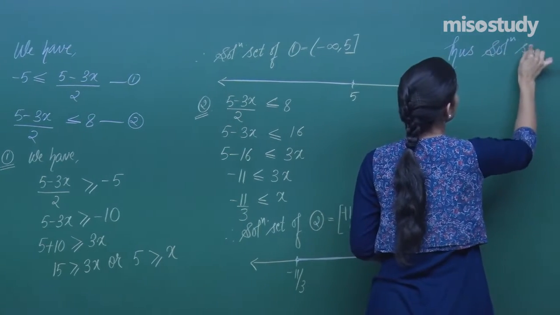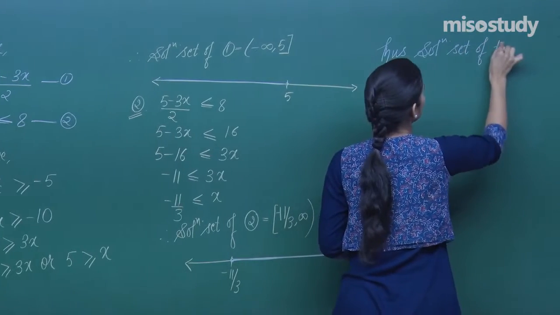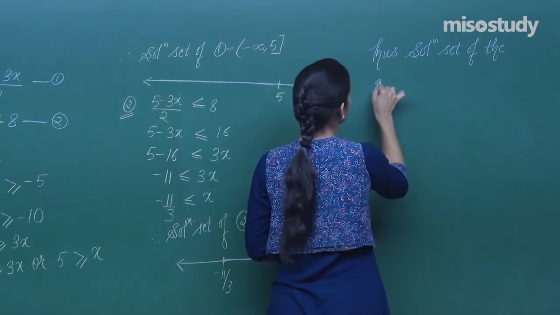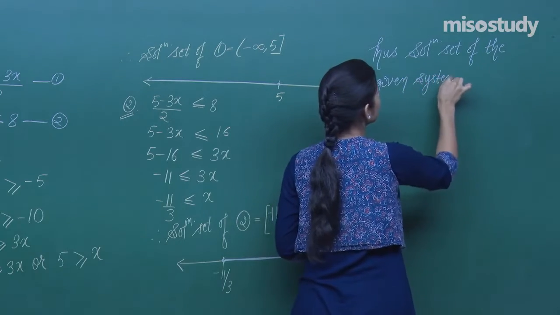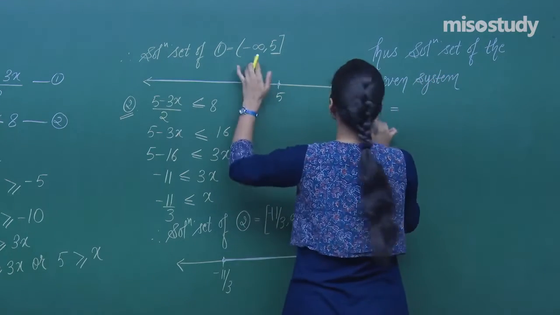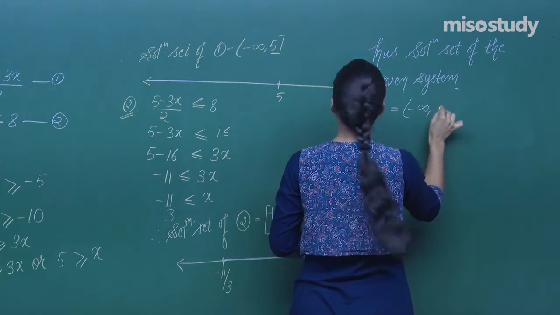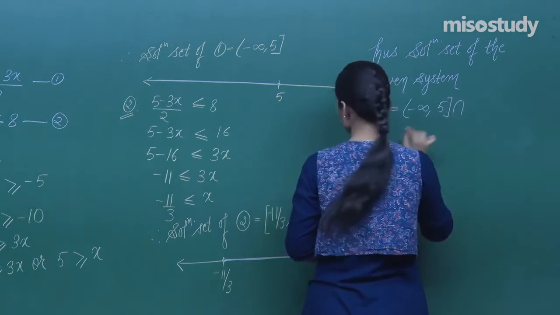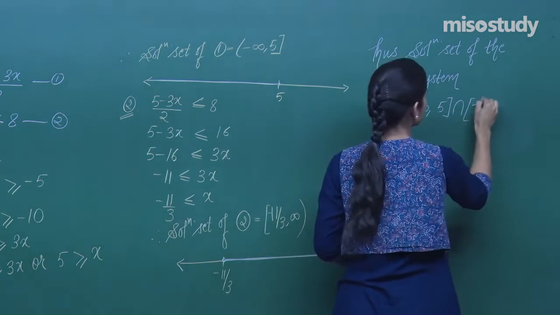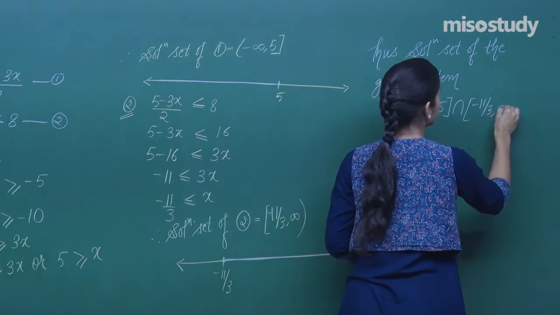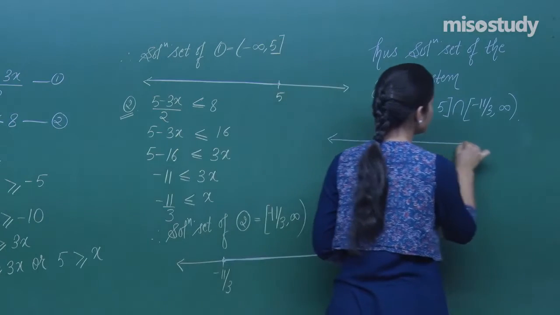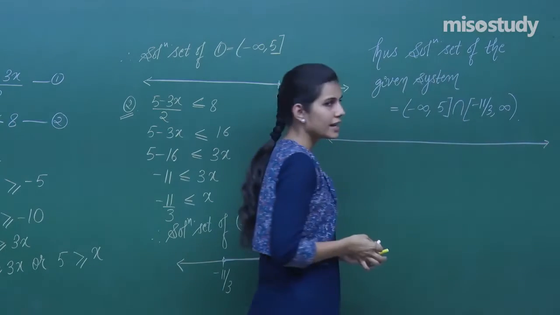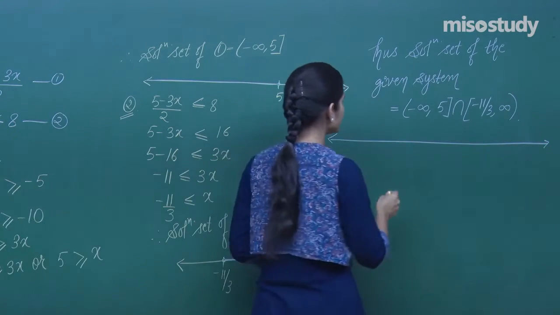The solution set of the given system is equal to minus infinity comma 5 intersection this solution set. How do you actually understand this? On one particular real line, we are going to plot both the solution sets.